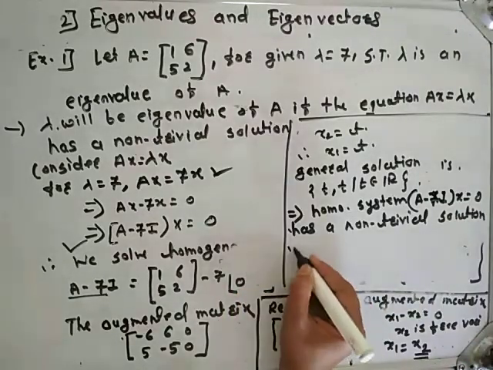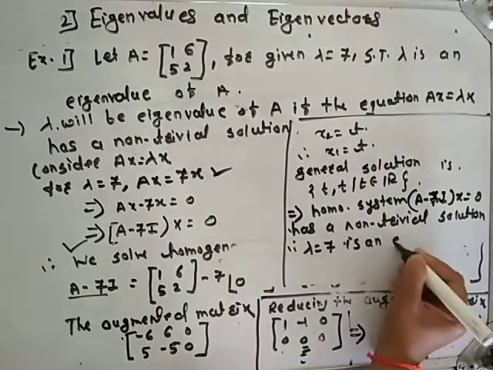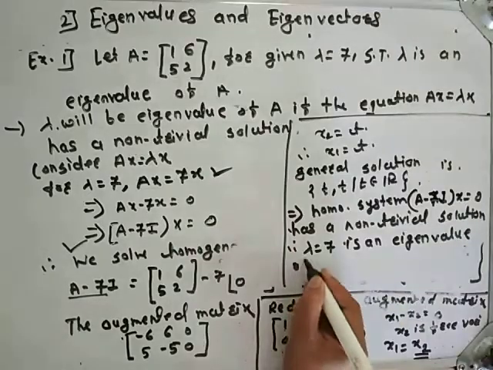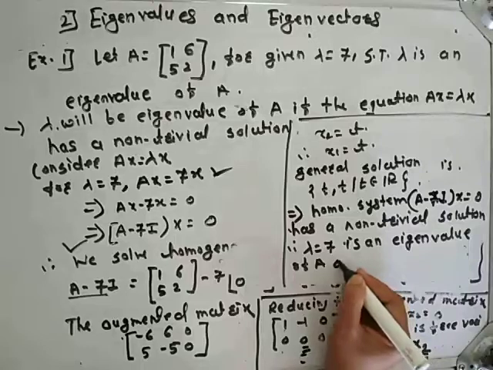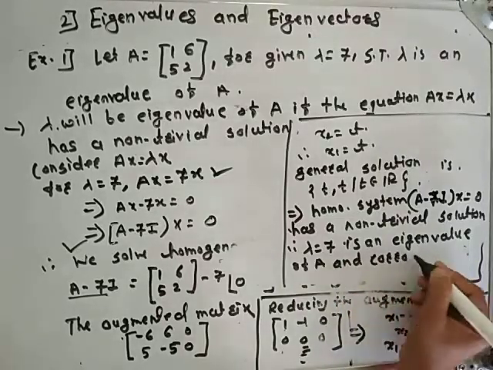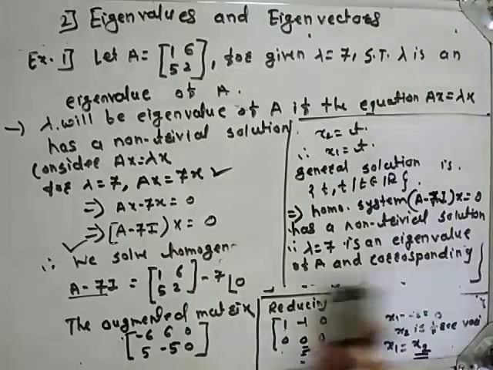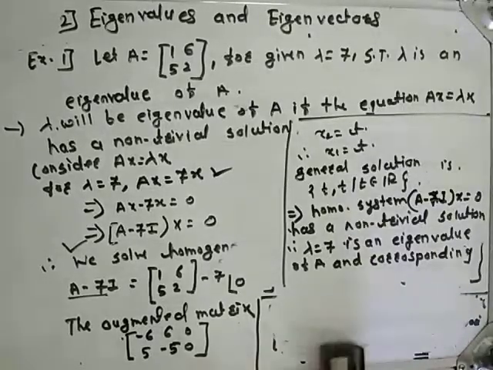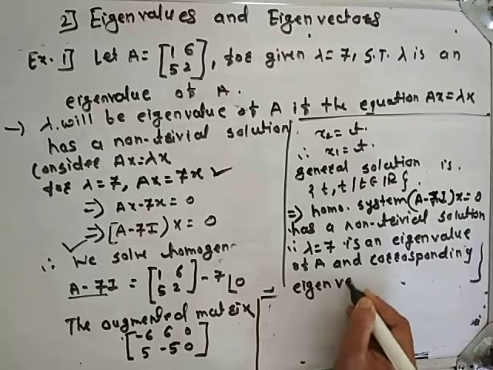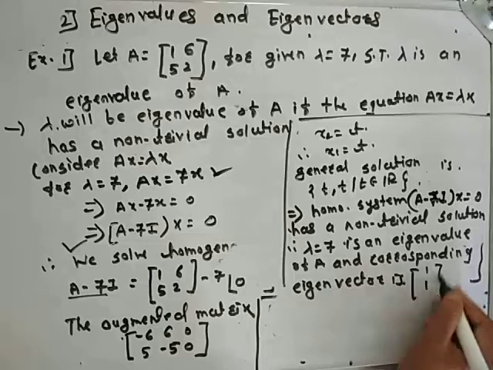Therefore, lambda = 7 is an eigenvalue of A, and the corresponding eigenvector is (1, 1).